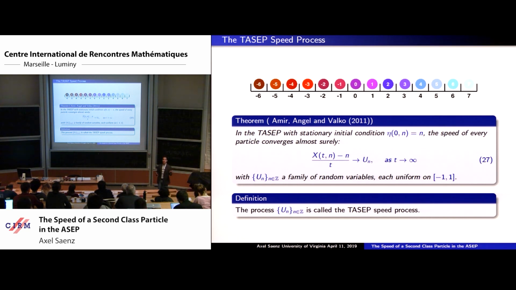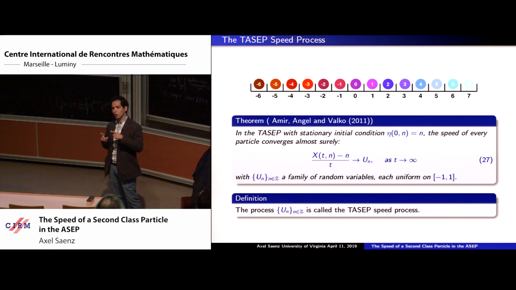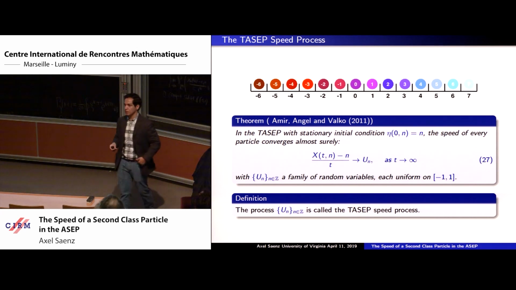In particular, you can keep track of convoys of particles, meaning particles that stay at the same speed and travel together. You can show that there's a non-zero probability that two adjacent particles will stay together and always travel in the same direction with the same speed.